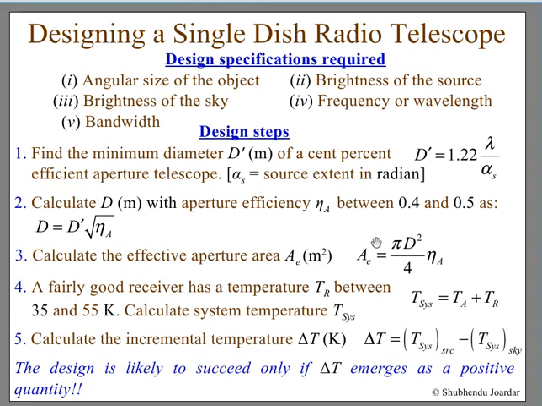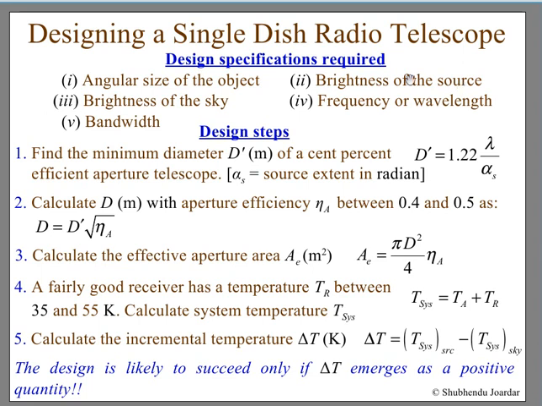Now we go for how we design single dish radio telescopes. If you want to design a single dish radio telescope, you should know the size of the source that you want to observe. Here are the design specifications. First, you have to know the angular size of the object, that is, the size and above which you can see with this telescope. Then you should have a minimum brightness of the source to which you want to make your radio telescope sensitive.